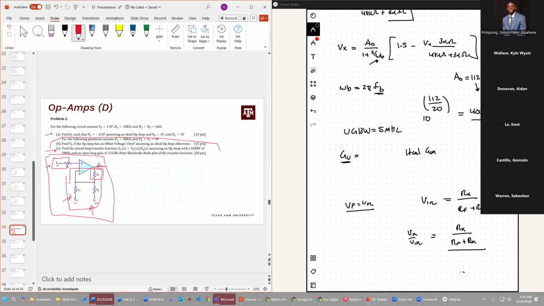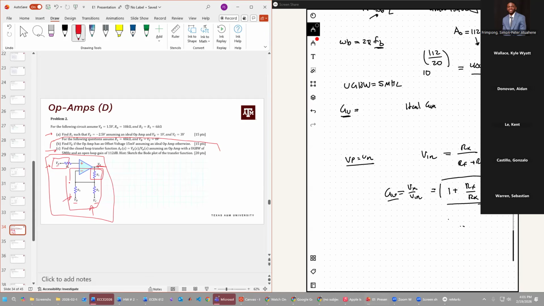Okay, I knew I had this mixed up. There we go. So it's going to simplify to this. It's a non-inverting configuration. So you should see that this is going to be equal to that. This is GV, if I'm not mistaken.